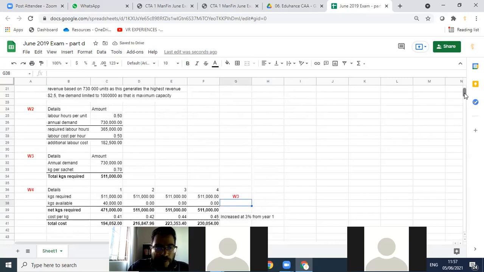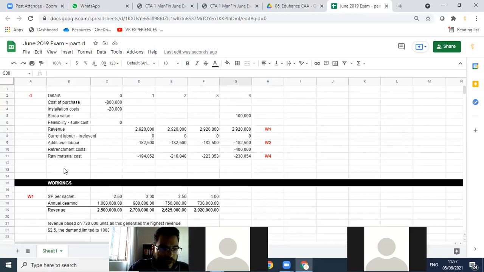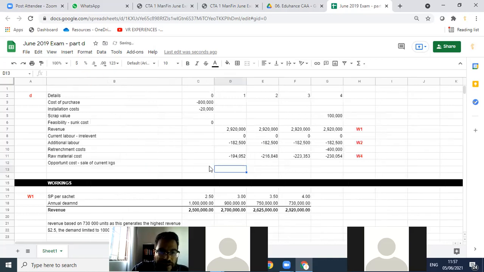Now remember there's an opportunity cost. So now we must put in here opportunity costs. This relates to sale of current kgs. Remember we are losing out on a current sale.